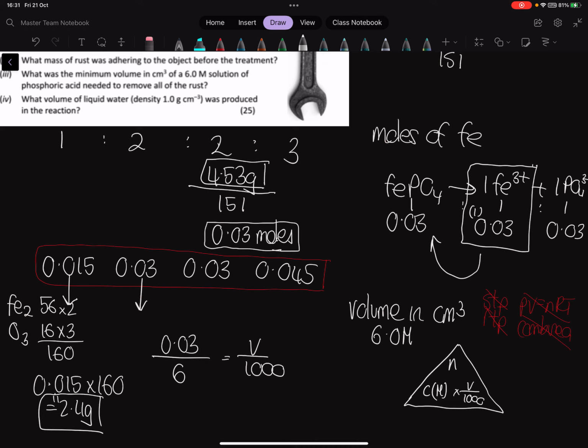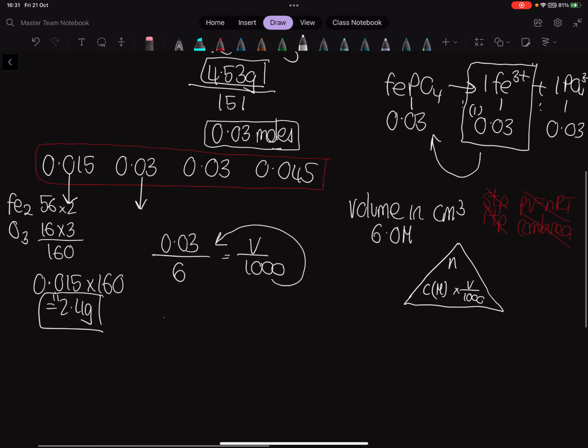Now I need to get this 1,000 over to the other side of the equals, so it's 0.03 multiplied by 1,000 divided by 6, which gives the volume I need. When I work it out, my volume should be 5 centimeters cubed.